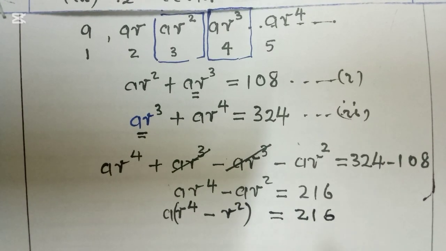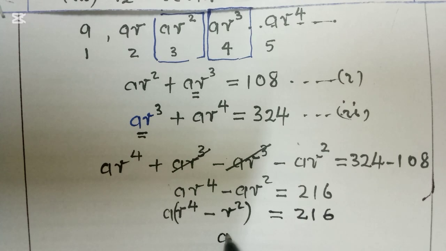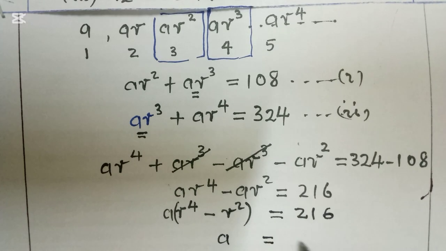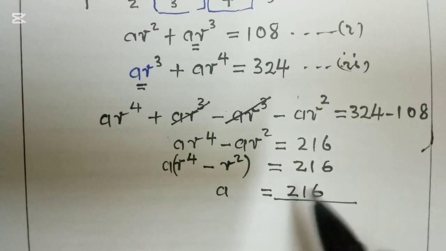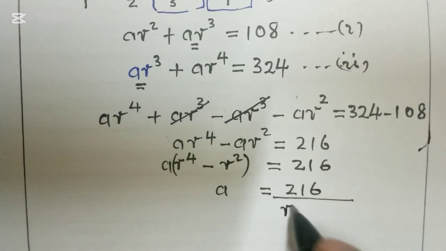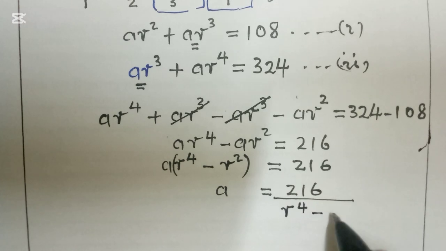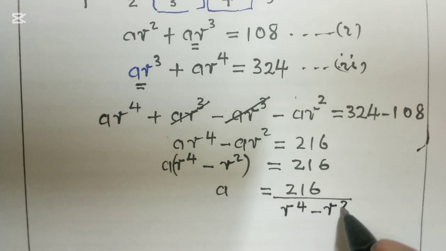And so our A is equal to 216 divided by (R^4 minus R^2).